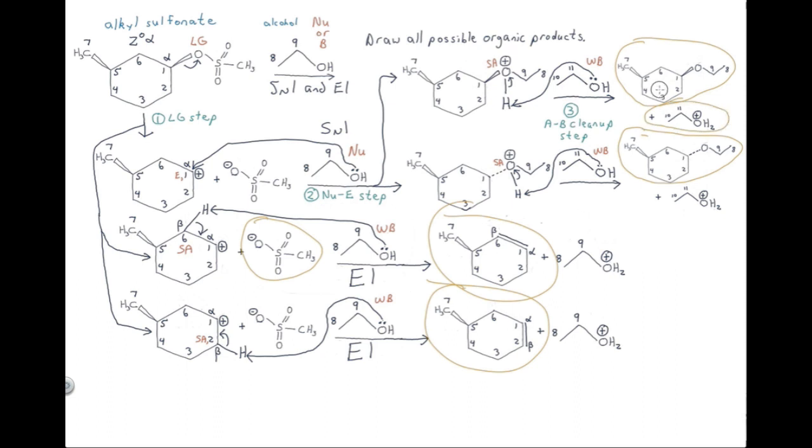So technically, we've got 1, 2, 3, 4, 5, 6 different organic products here. Professor might not care about whether you include this in your products. Obviously, the most interesting products here are the ones with the ring, but you probably should include this product and this product as well if they're asking for organic products.